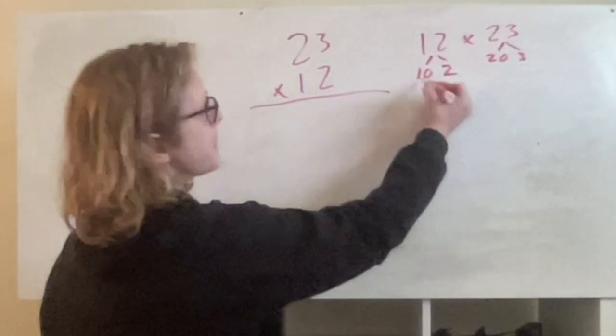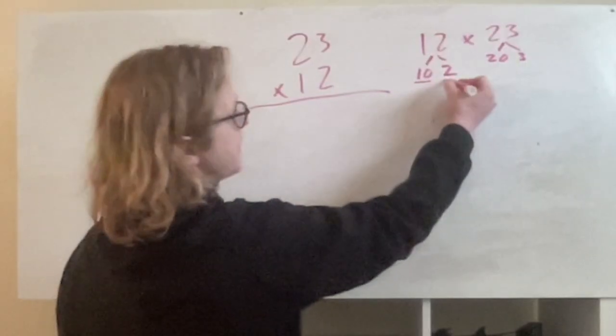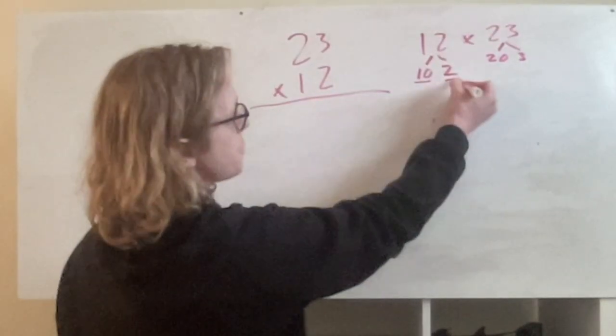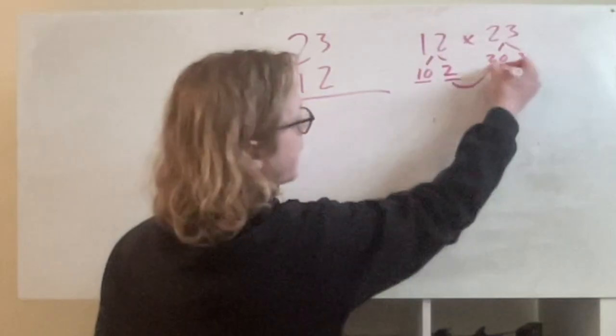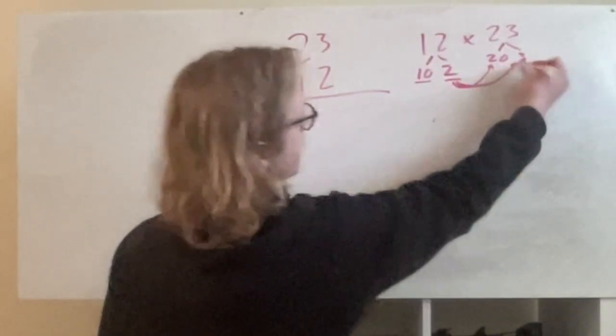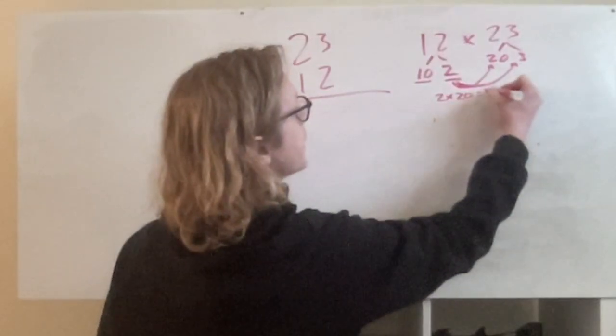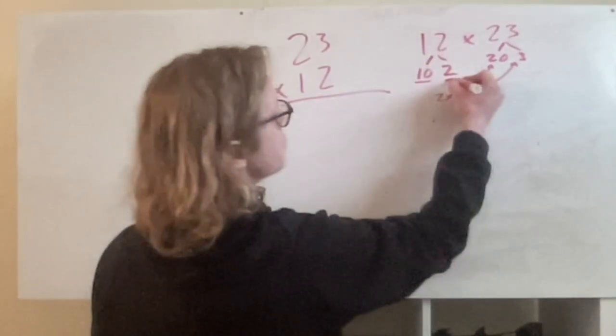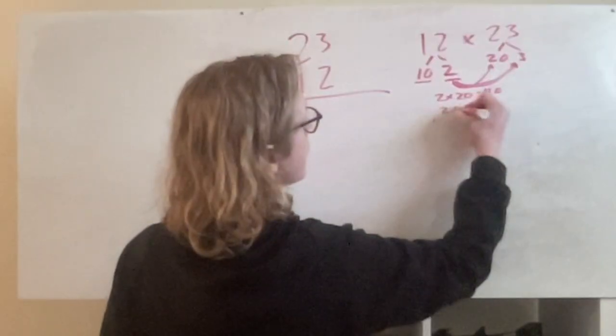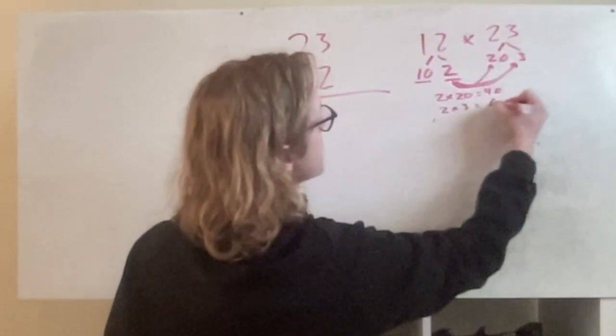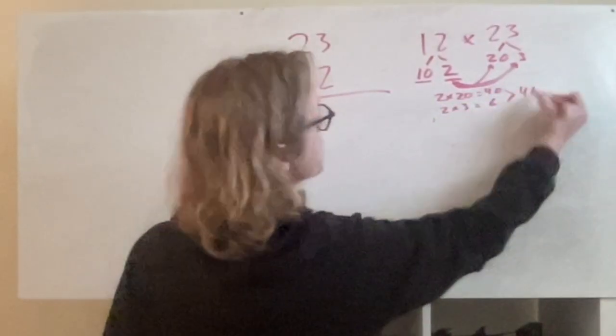Then what I'm going to do, I'm going to take each of these values, we can start with the 2, and I'll multiply it by each place value in the 23, right? So 2 times 20 is 40, and 2 times 3 is 6. So together that's going to give me 46.